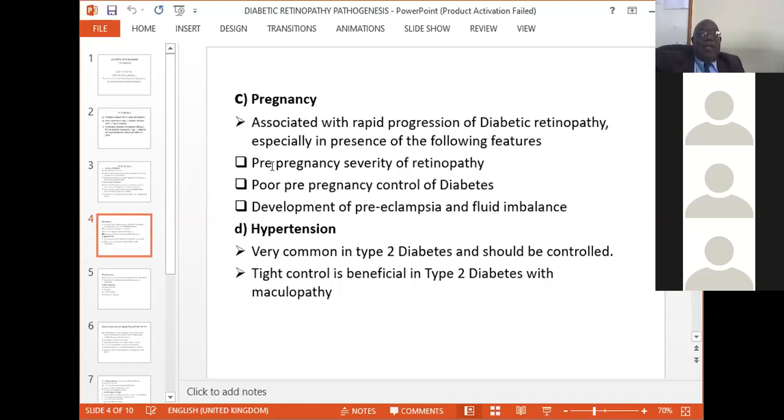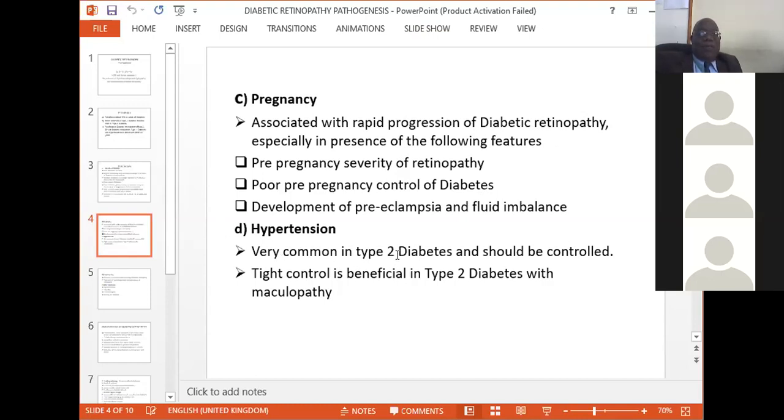Pre-pregnancy severity of retinopathy: even before they had the pregnancy, they had this, and once they get pregnant it gets worse. Poor pre-pregnancy control of diabetes. Development of pre-eclampsia or fluid imbalance. All these enhance the chances of progression of diabetic retinopathy.